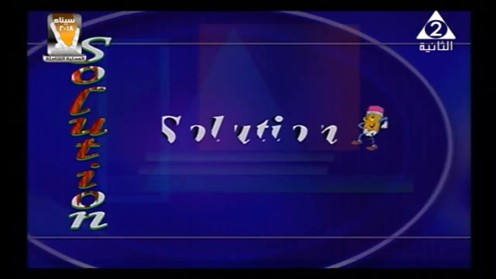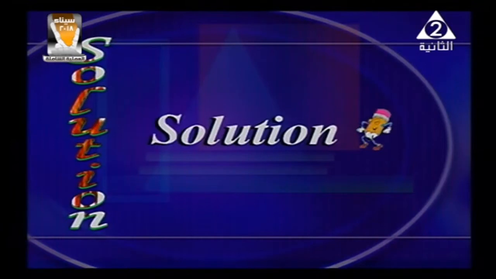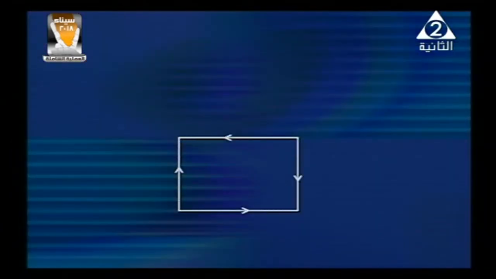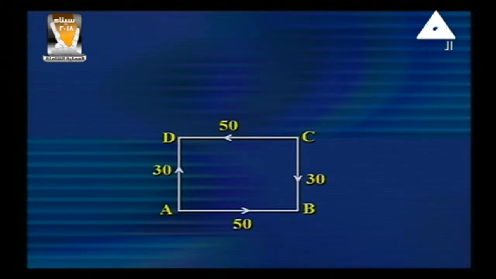Look at the solution. Dear student, we have a square. ABCD is a square. We know the lengths of all sides are equal. 50 Newton act on AB, and on CD ray also 50 Newton.